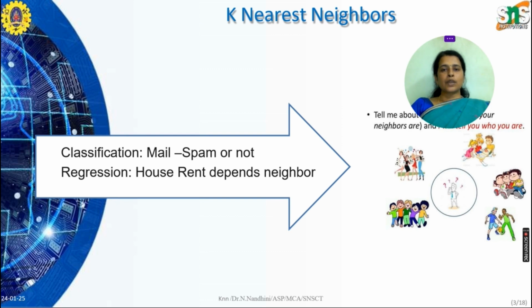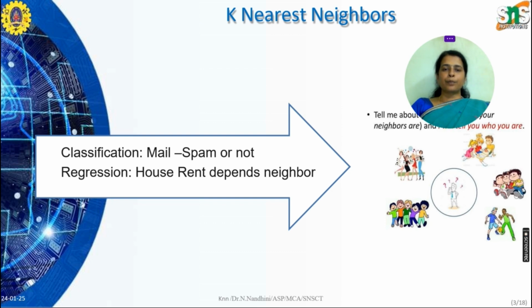Classification means your table consists only of discrete values. For example, Boolean values like yes or no, or sets of values like male, female; yes, that patient is affected by the disease or not; formal, informal, like that. That type of data set is handled with the help of classification.